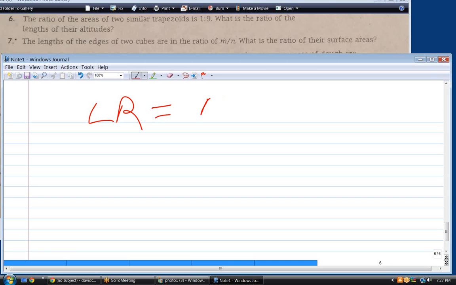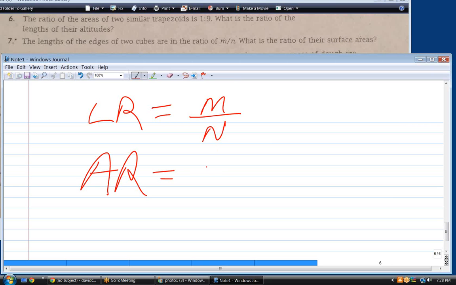So if the linear ratio is m to n, what is the area ratio or the surface area ratio? Surface area is measured in square inches. So that's an area ratio. What is it? Don't we have to have m squared and n squared?